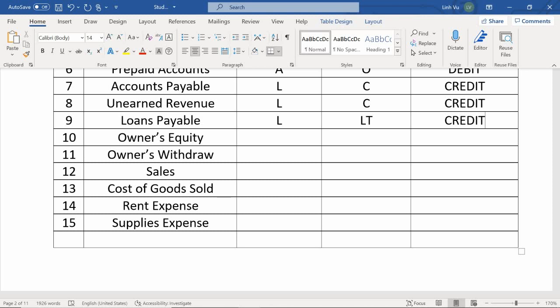All right, what about owner's equity? The value of your company. Would that just be owner's equity? It would just be owner's equity. Okay. What kind of category would an equity account have?